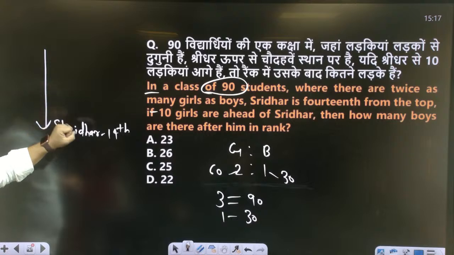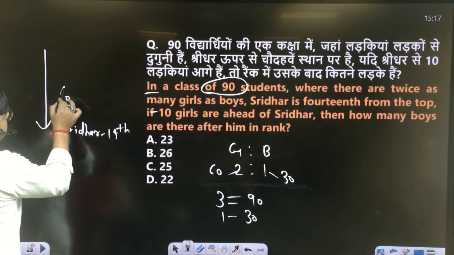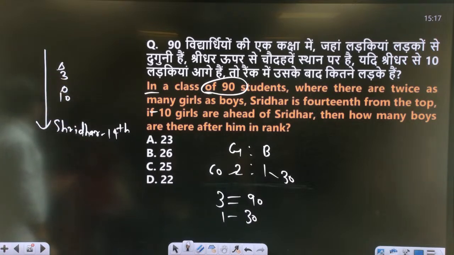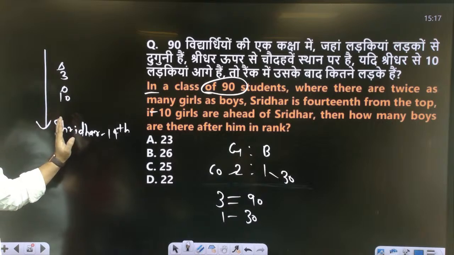Total 30 students. In those 13 students, there are only 10 girls. If 10 girls, so it means 3 boys. Is it clear? 3, 10, 13, and Sridhar is 14th. Is it clear?